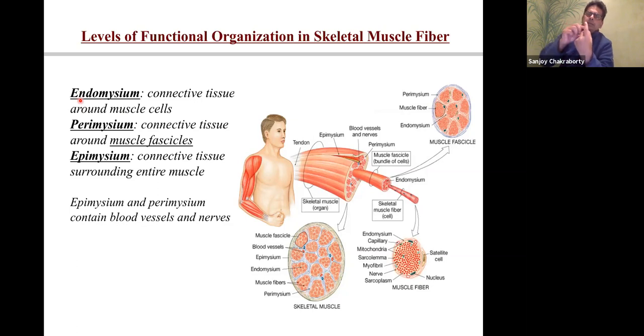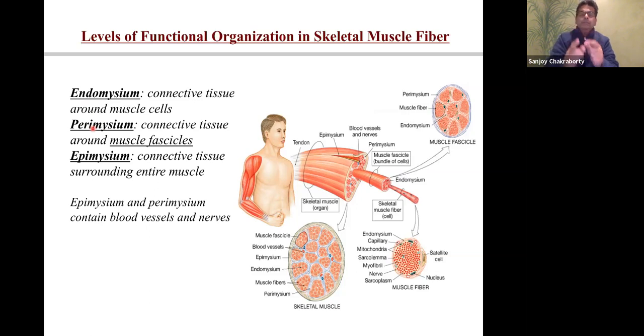So I have one muscle cell, 2, 3, 4, 5. All 5 muscle cells are individually wrapped by endomysium. Then we have another wrap around them that creates a bundle. This wrap, when 5 or 10 cells together create a bundle, is called perimysium.